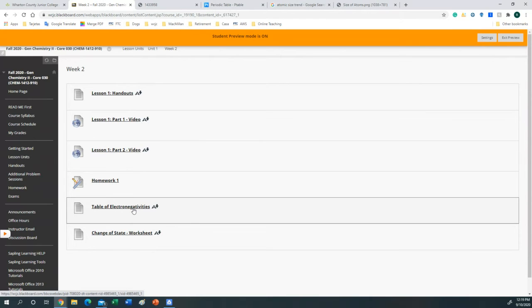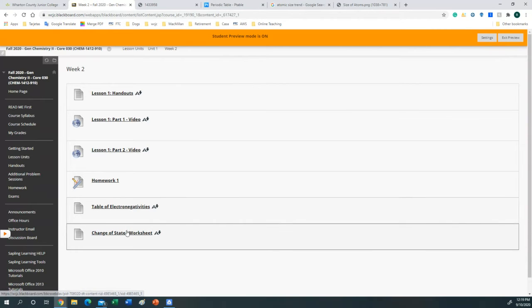So for example, this week we have to know the electronegativities to know if the bond is polar or not, and therefore if the molecule is polar or not, etc. So that material is right there, okay?